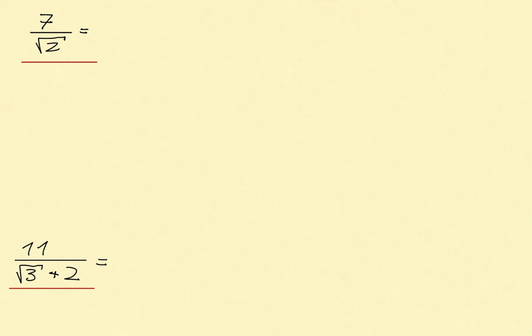Now, this is also something that is taught throughout high school. You should all be familiar with this. And that's something that you will need to know before starting with Unit 1 of the IB Math AA course. So, this is our first example, which is going to be 7 over square root of 2.